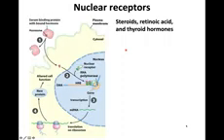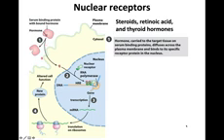Steroid hormones such as estrogen, progesterone, and cortisol are too hydrophobic to dissolve readily in the blood and are transported on specific carrier proteins from their point of release to their target tissues. As shown here, a steroid hormone binds to serum binding protein, which takes it to the target tissue.